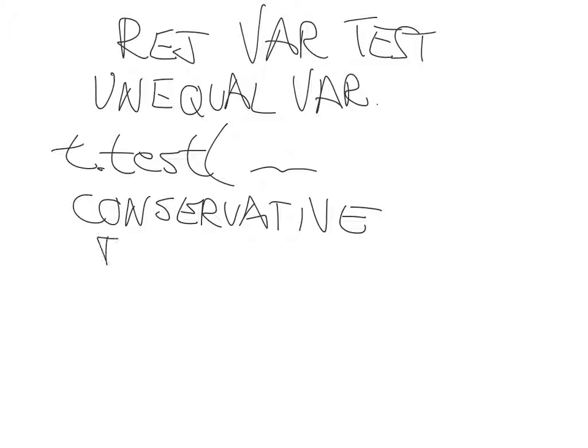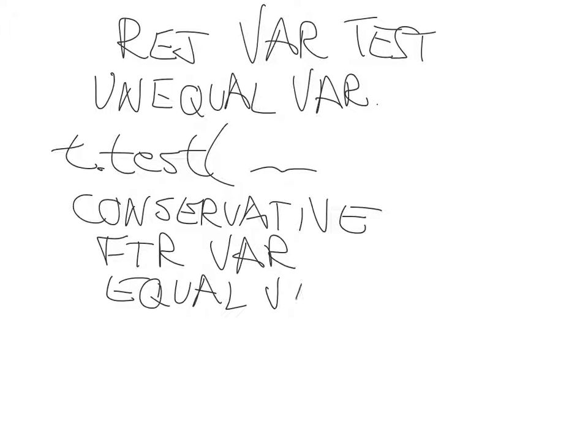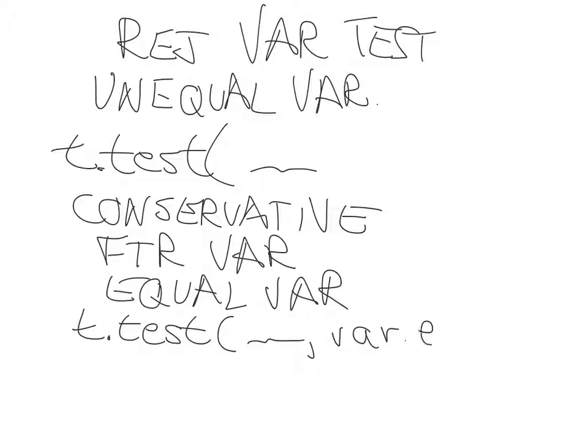Now, what if you fail to reject on the variance? What you're saying is you have equal variances. This is very nice. In the t.test, you put your stuff in, and in here you put something like var.equal = TRUE, somewhere in there.